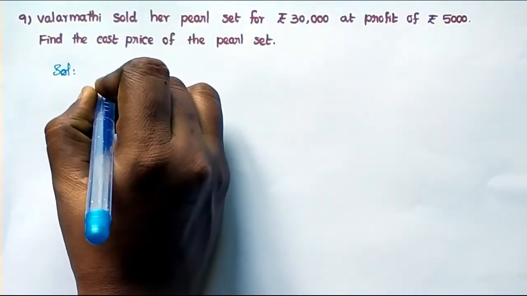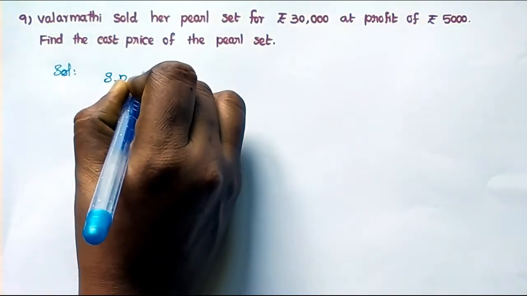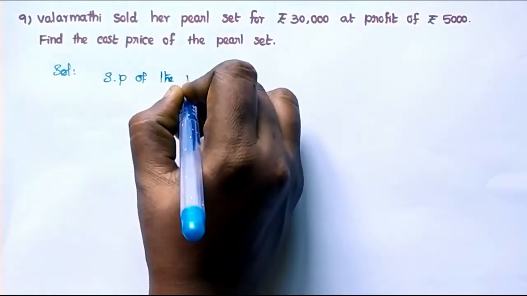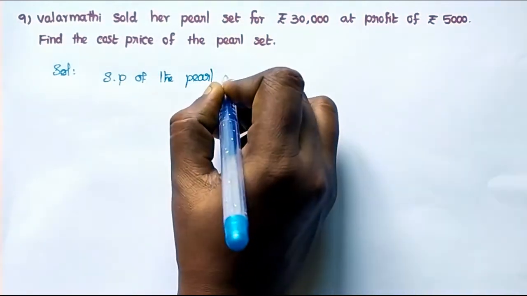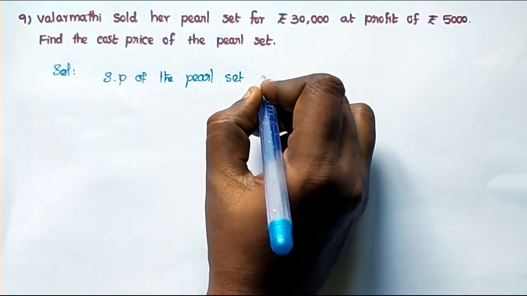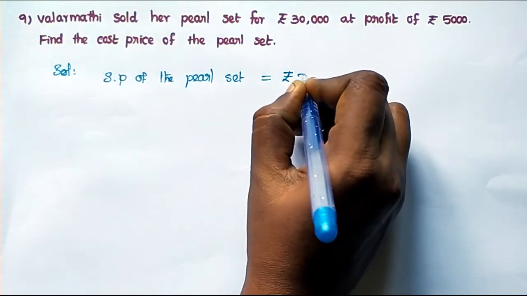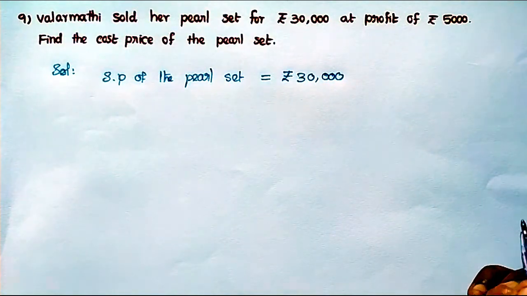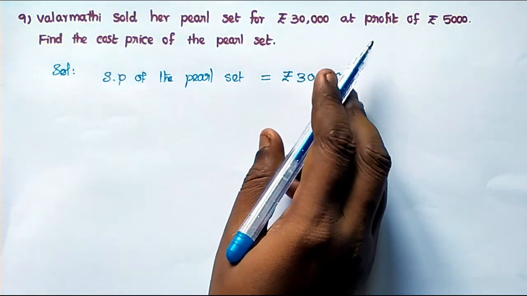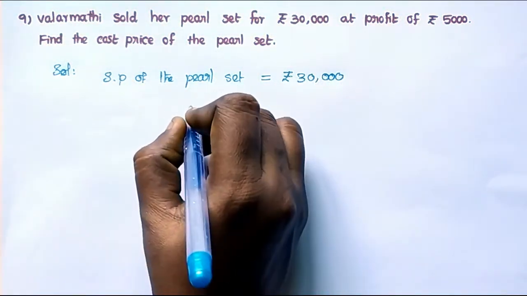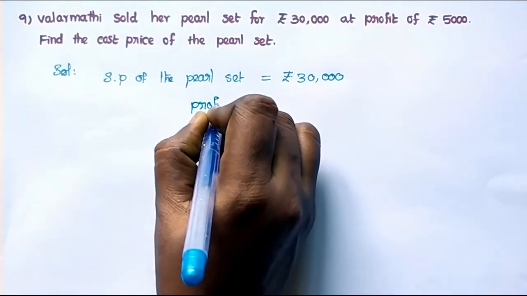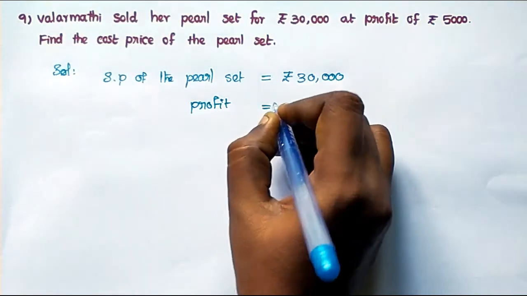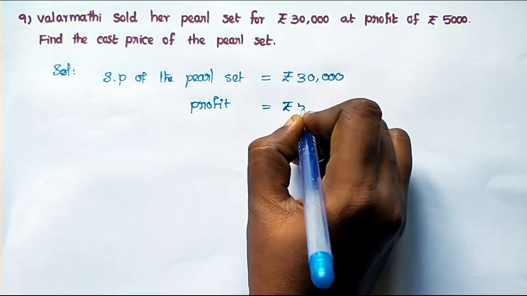So selling price of the pearl set equal to rupees 30,000 at profit of, so he get the profit how much? Rupees 5,000.